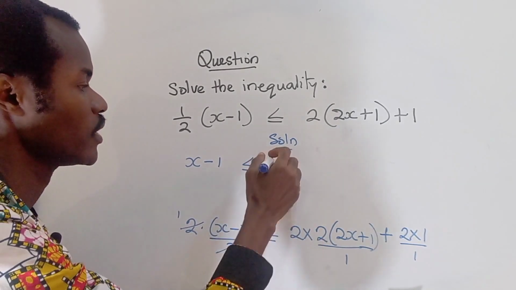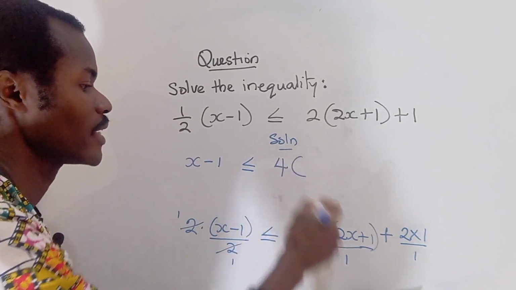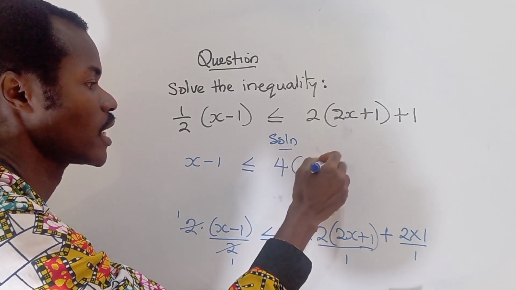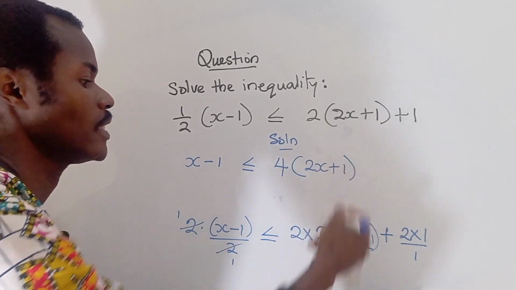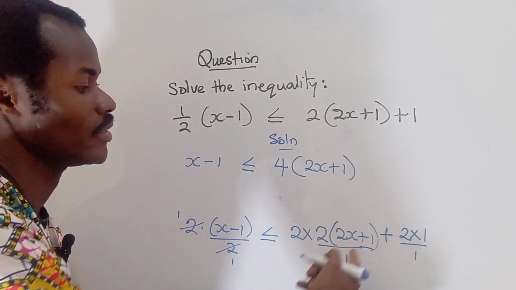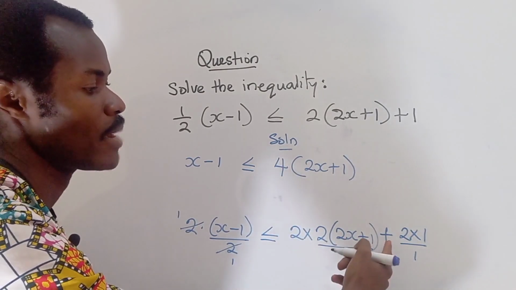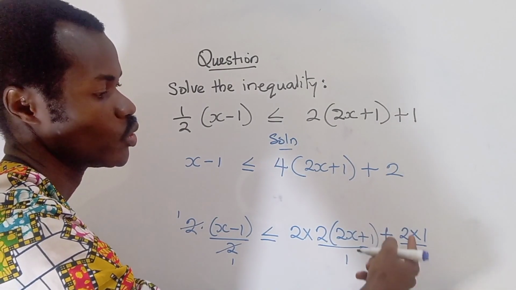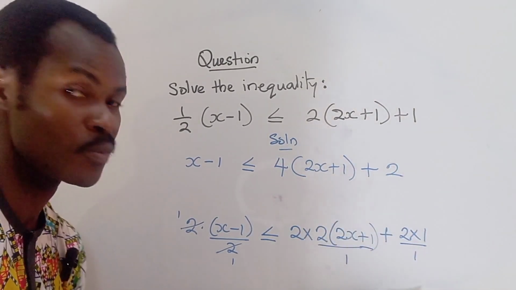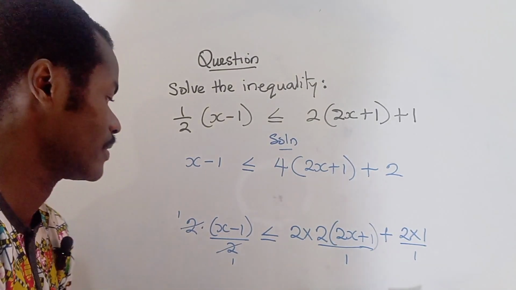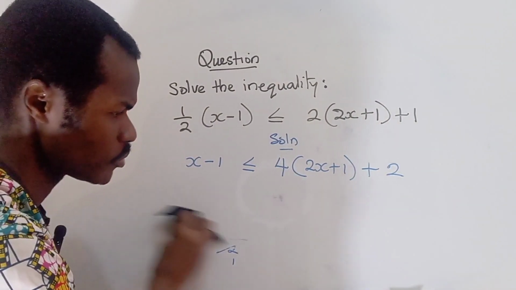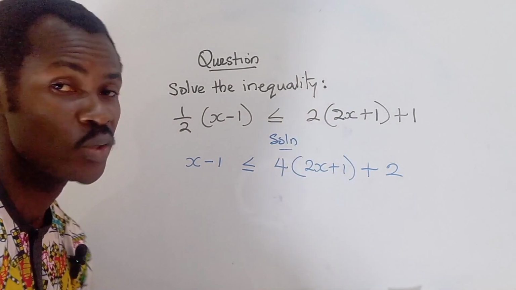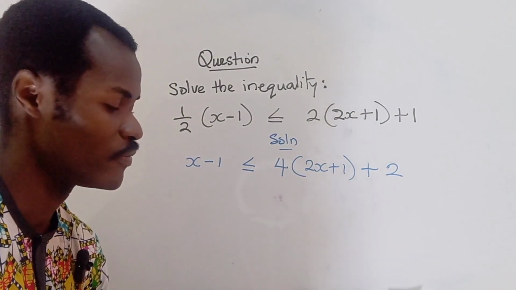Now 2 times 2 here is 4, in bracket we have 2x plus 1. Now we can remove this, all this over this is still this. Now plus 2 times 1 is 2, so 2 over 1 is still 2. Now that we have this expression, we can further simplify.